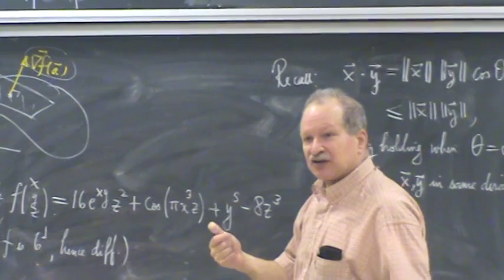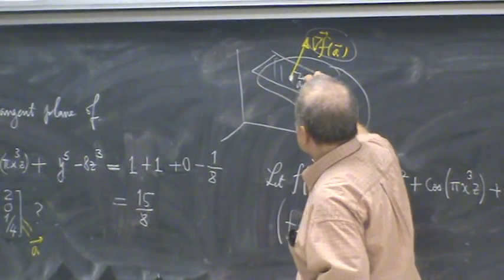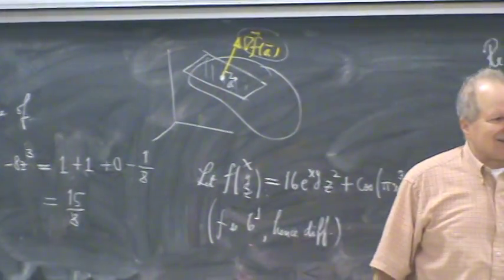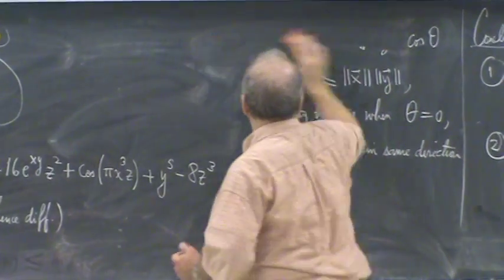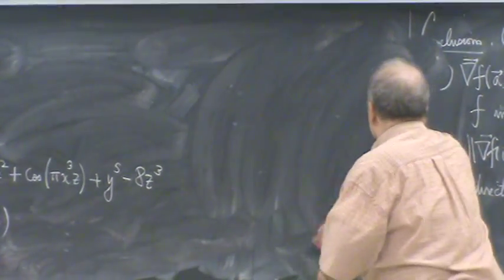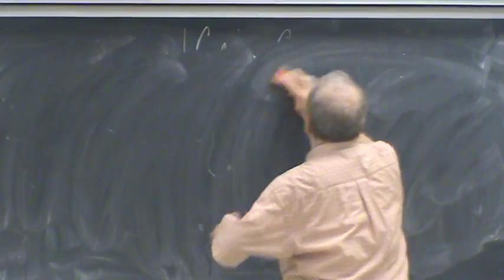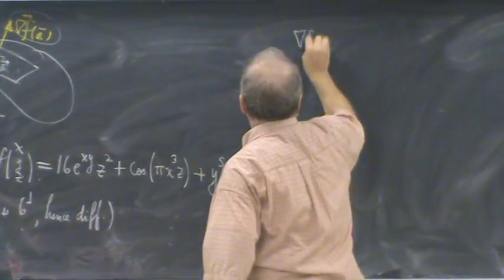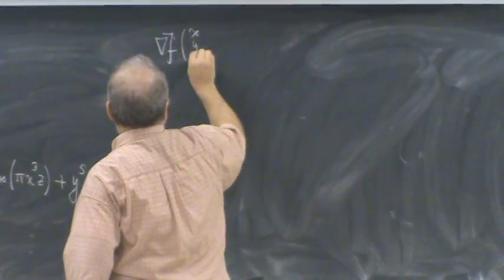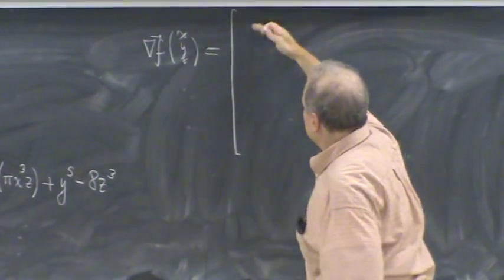If you know the normal vector to a plane and you know the point that the plane goes through, you know how to write down its equation, because you did that at the end of chapter 1. So how do we find the gradient? Well, we just find it. The gradient of f at the point x, y, z is a vector that has 3 partials in it.